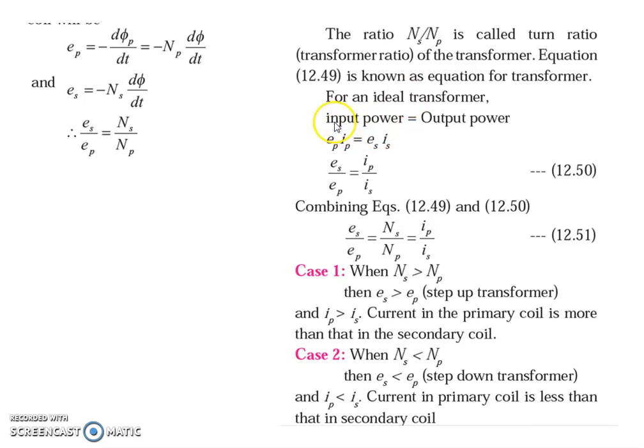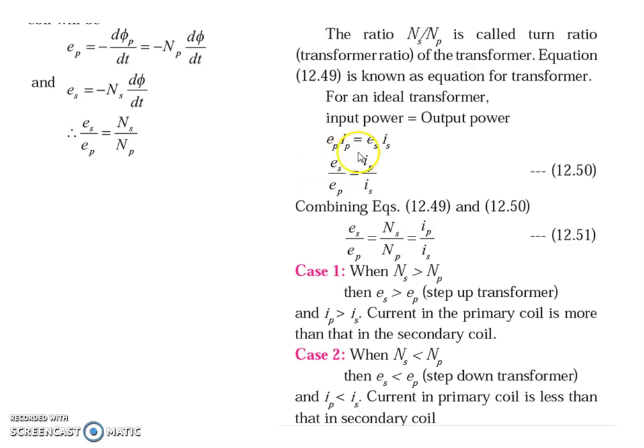Therefore our input power is Ep into Ip, because Ep is the voltage, that is the induced EMF in the primary, and Ip is the current which flows through the primary coil. So Ep into Ip is my input power, and it should be exactly equal to my output power, which is equal to Es into Is, where Es is the induced EMF in the secondary coil and Is is the current which flows through the secondary coil.